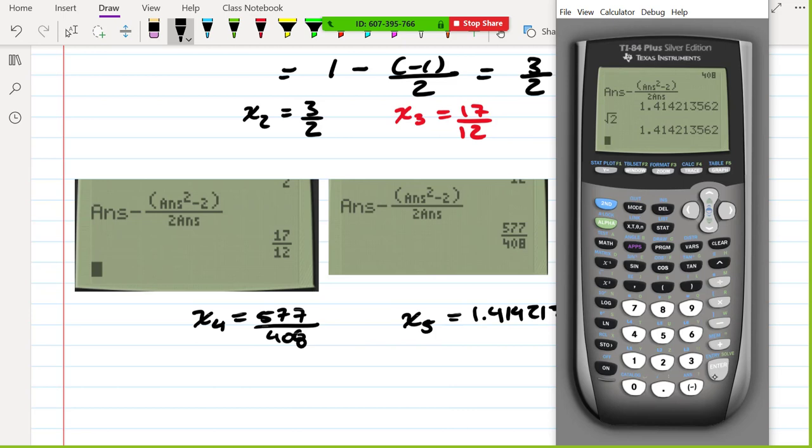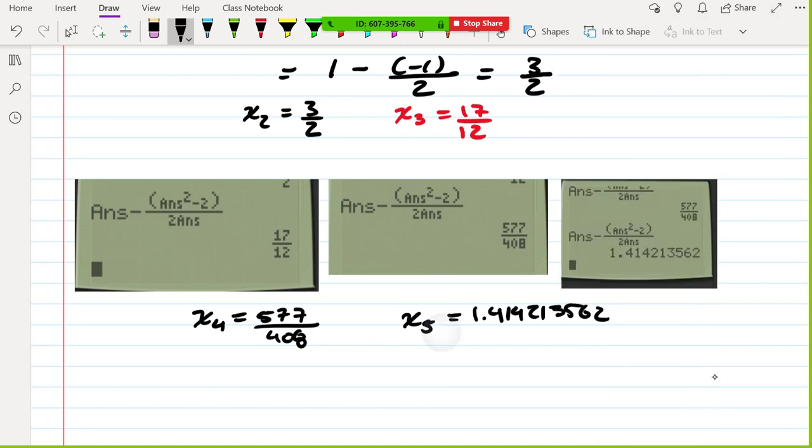If we ask our calculator, we'll notice our calculator tells us exactly the same number after we'd used Newton's method 5 times. Our approximation of the square root of 2 was the same accuracy that the calculator has when calculating the square root of 2.